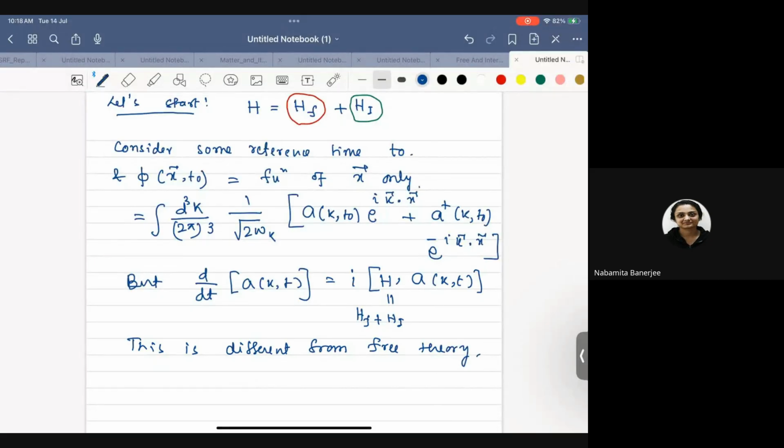Okay, clear? Because in free theory, this was only H free, and we already knew the result was minus i times E k times a, or omega k times a. Now you don't know that, because the result is going to depend on what your H interaction is, and of course, depending on different H interactions, the result is going to be different.